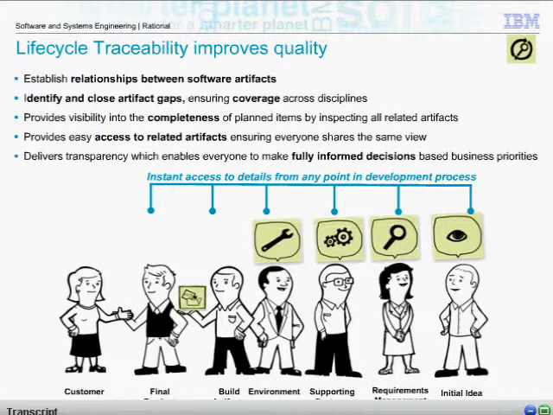From CMMI to DODAF to almost every mandate or guideline on software goodness, the ability to connect artifacts from one discipline to another is fundamental. And it's been this way since, well, the early 80s.